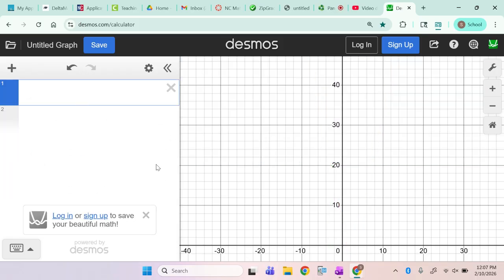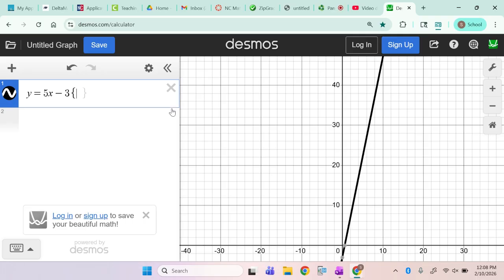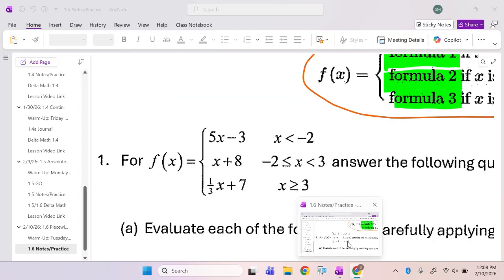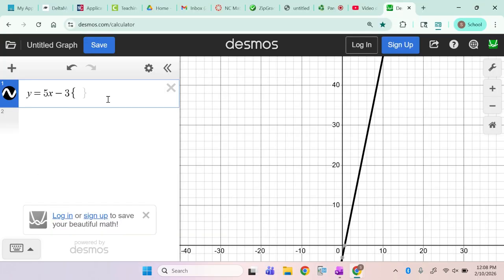You type in each function individually. So I have y equals 5x minus 3. Then you do a squiggle bar, and you type in the domain that's next to it. So x has to be less than 2.